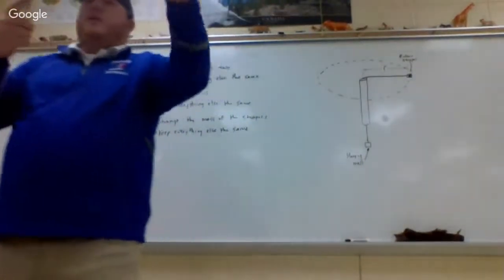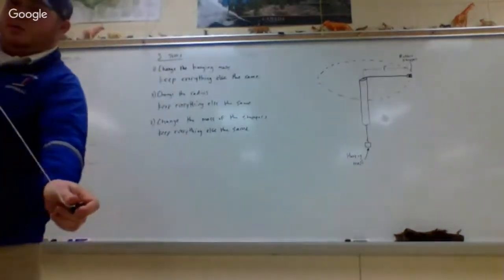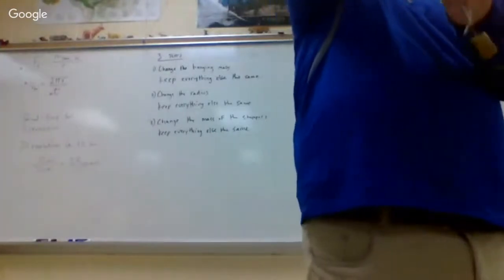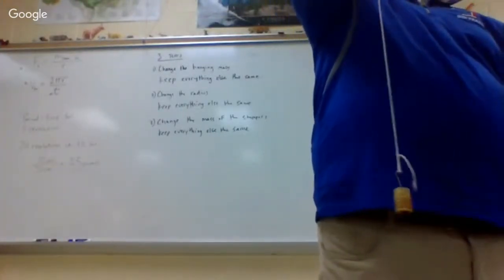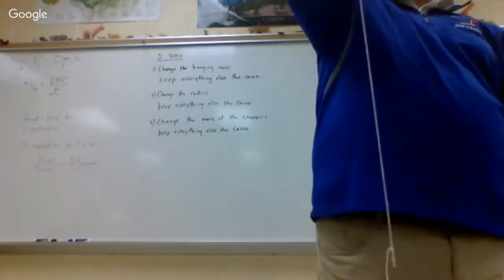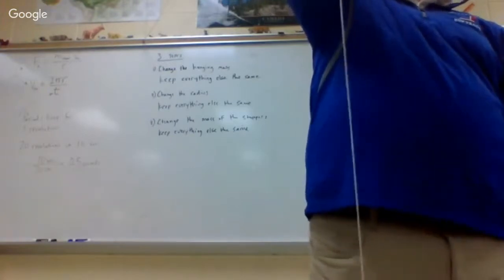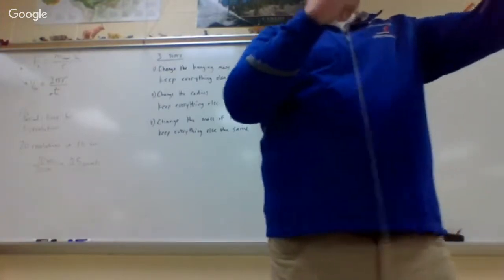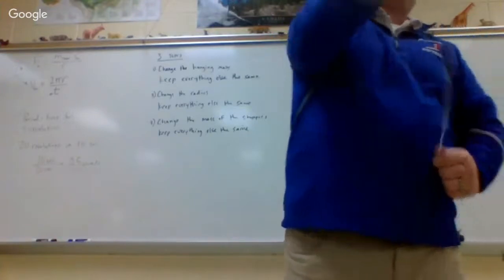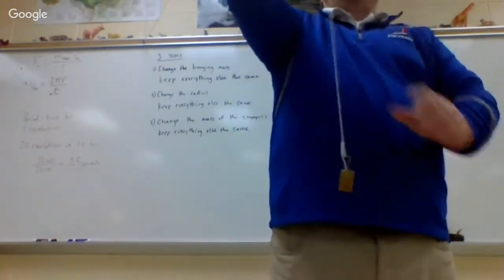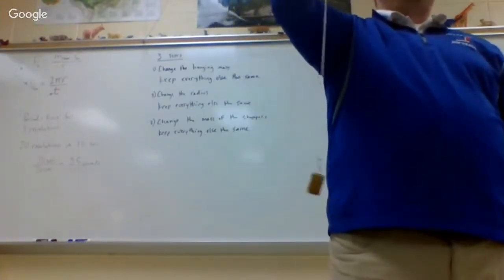If I do it too slow, then it doesn't give enough tension to hold it up. So there is a point that it's just right, and at that point, that is kind of what you're looking for.